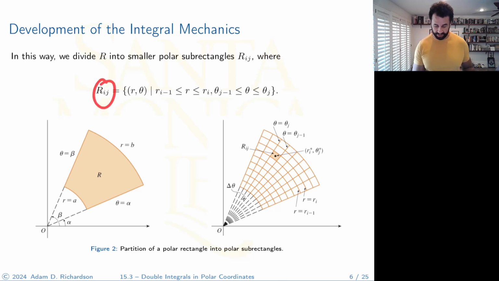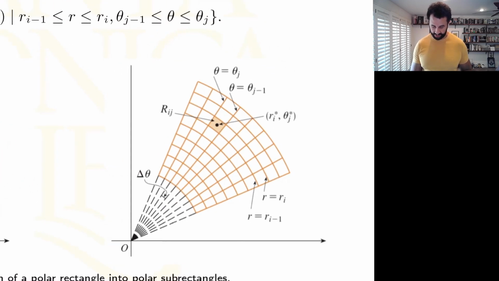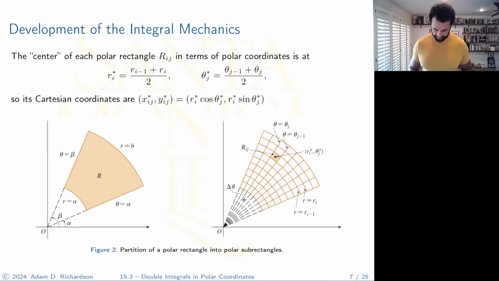Here they are. R sub i j, I can zoom in a little bit just to show you. The process is going to be identical, and it'll feel very, very familiar. Once we have these polar subrectangles defined, we can pick a sample point. In this case, we're just going to pick the center of these polar subrectangles by taking the average of the radii and then the average of the angles, the rays, right here.